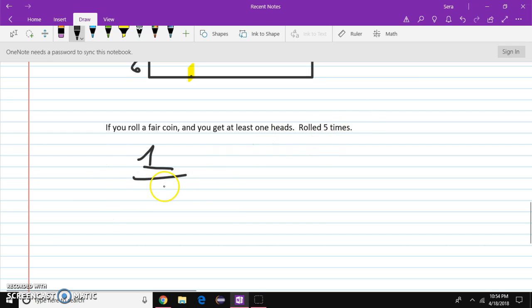It's 1 out of 25. Sorry, no, I'm wrong. Go back. 1 out of 32 because you rolled a fair coin and a fair coin has 2 sides. You roll it 5 times. That means you get 32. It's actually equal to 1 over 2 to the power of 5.